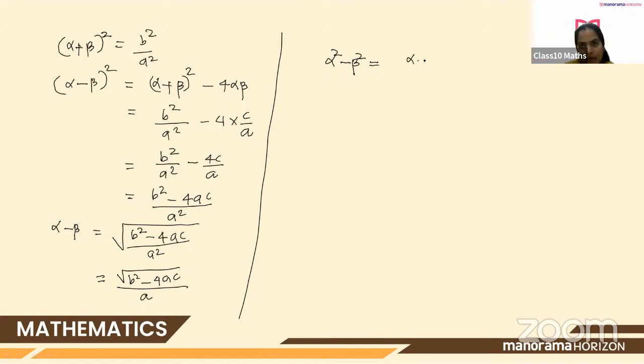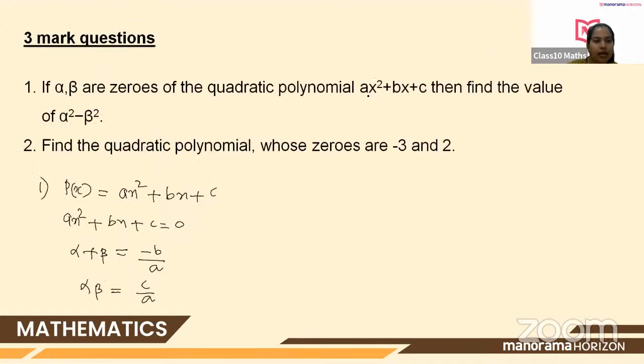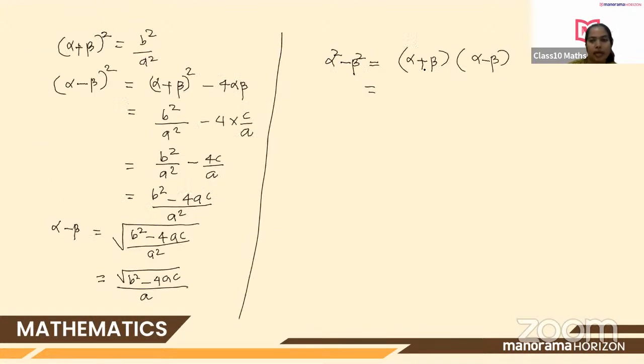We can write it as alpha plus beta into alpha minus beta. Alpha plus beta is minus b by a, into alpha minus beta, which is root of b square minus 4ac by a.